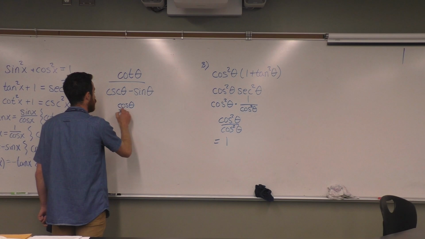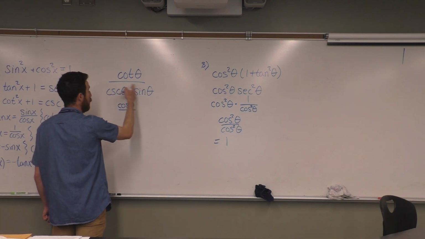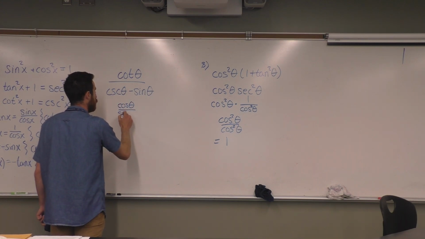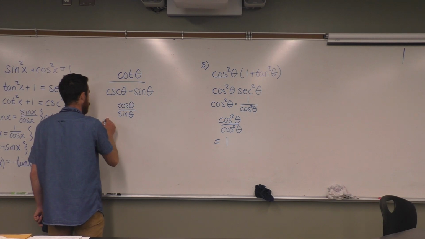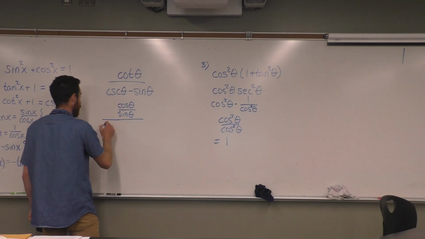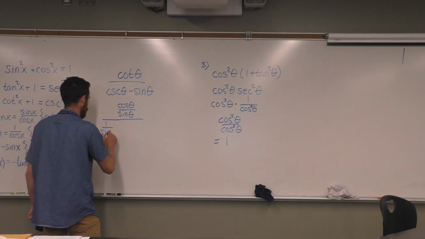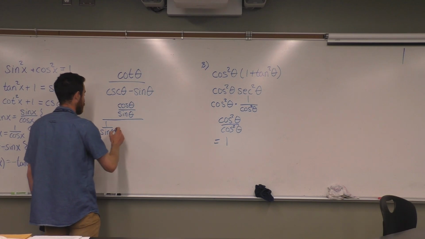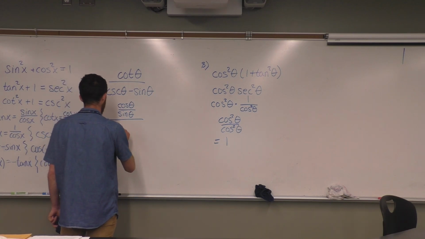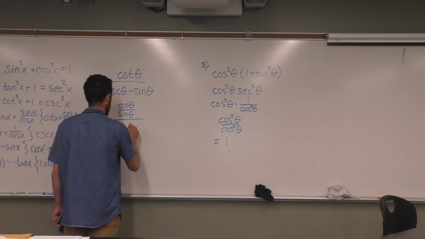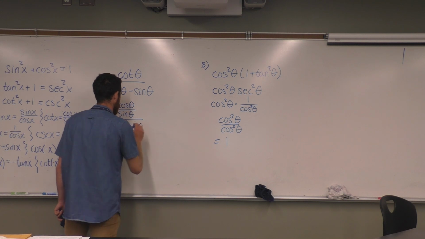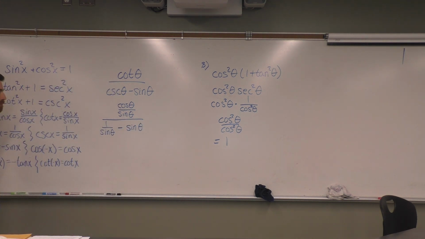So cotangent, which is in the numerator of this fraction, is equal to its own fraction, which is cosine of theta over sine of theta. And then in place, cosecant of theta is equal to 1 over sine of theta, and there's not as much to do with the sine.